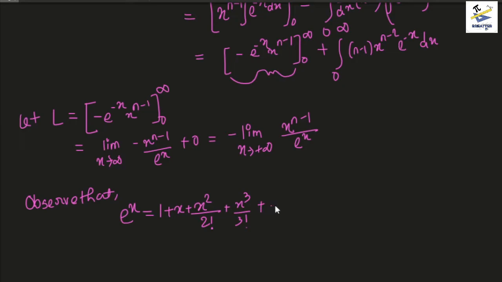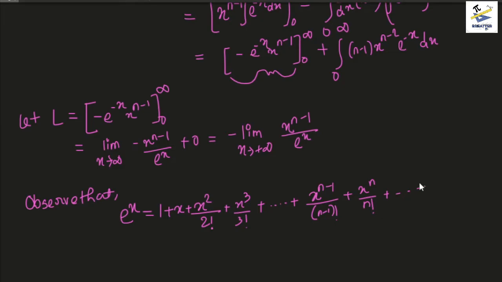And if you wish to include the n minus 1th term, which is x to the power n minus 1 by n minus 1 factorial plus x to the power n by nth factorial, and so on, right? Because this is basically the Taylor series expansion of exponential of x.